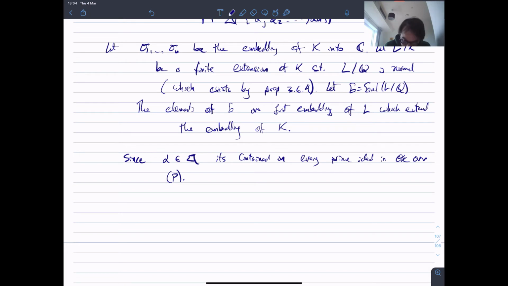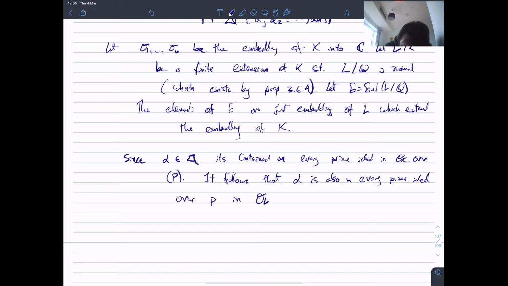So it follows, but this was in K, that the same thing happens in L: alpha is also in every prime ideal over P in OL, my other ring of integers. Why is this?